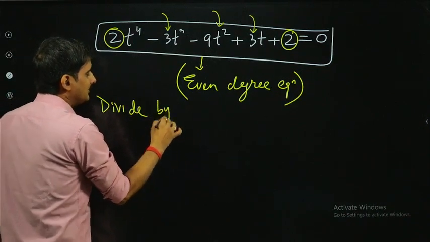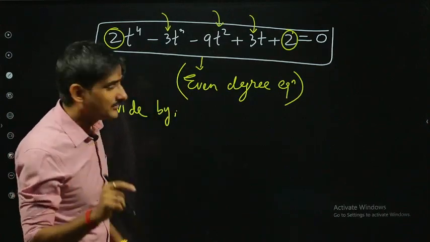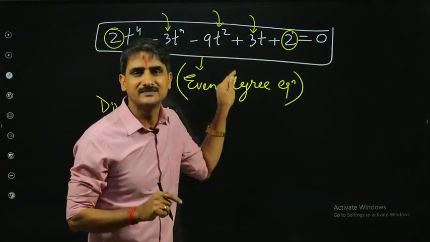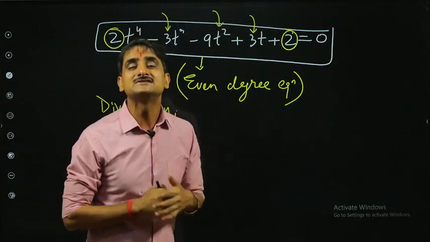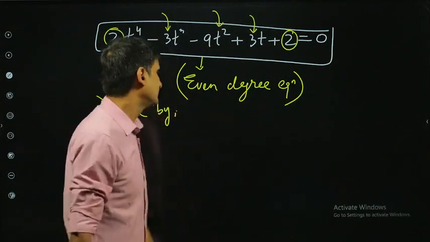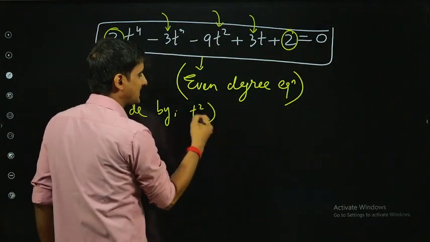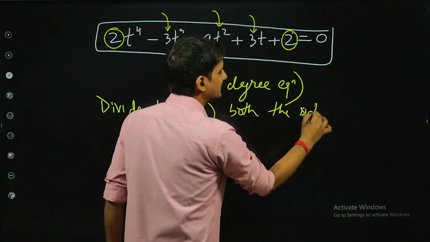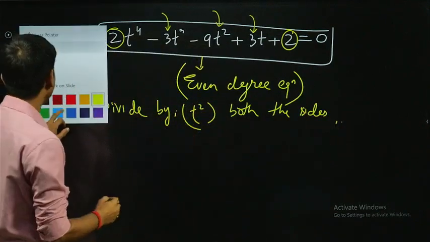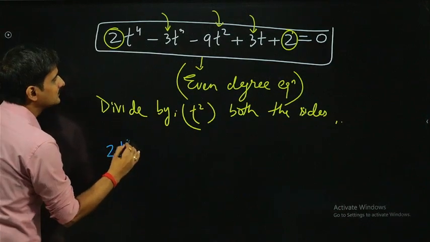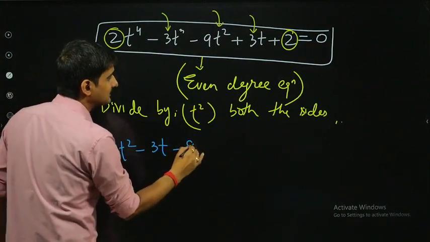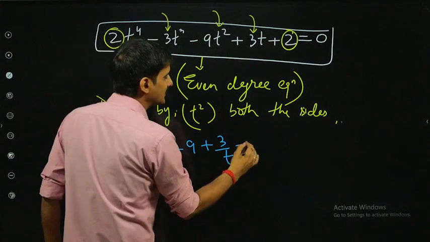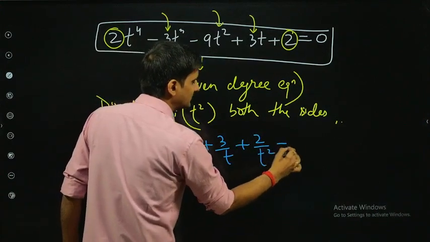by the degree term of the middle term. So which degree term is it? It's t squared, the second degree term. So divide by t squared both the sides. So now what do we get? We get here 2t squared minus 3t minus 9 plus 3 by t plus 2 by t squared equal to 0.